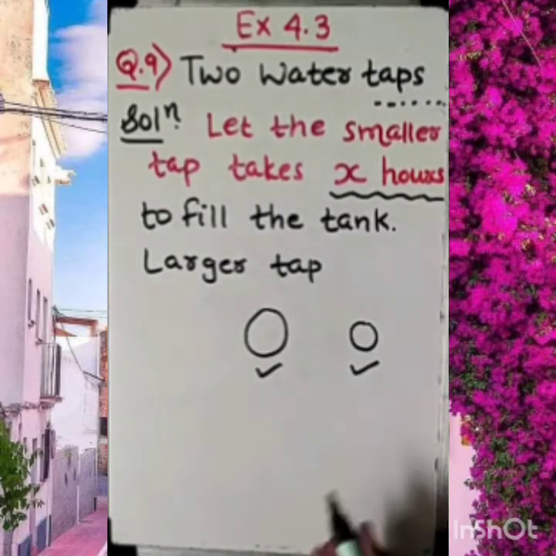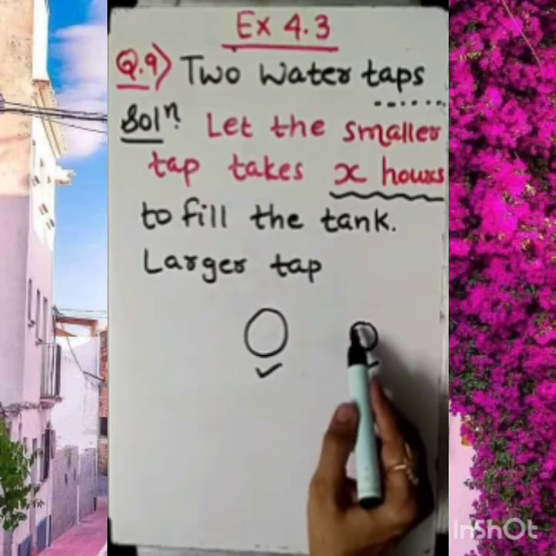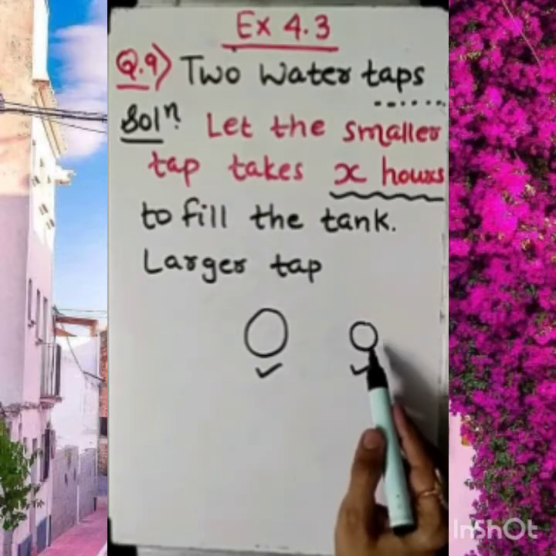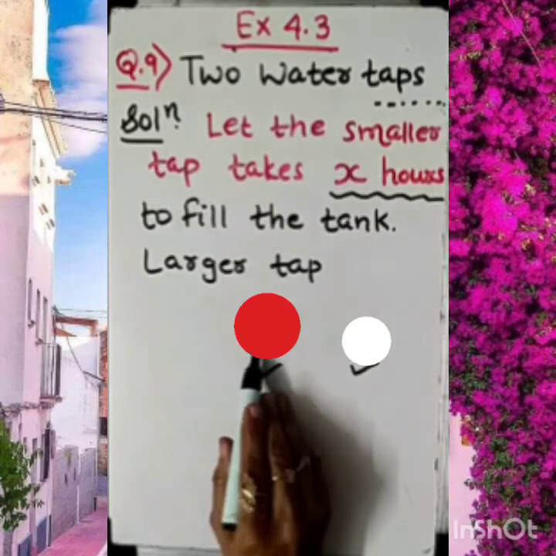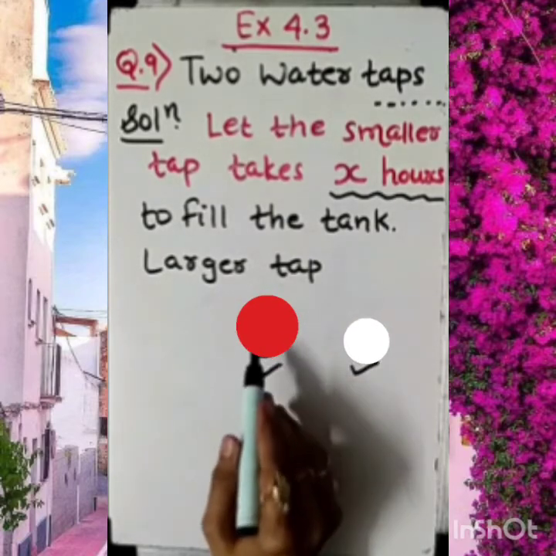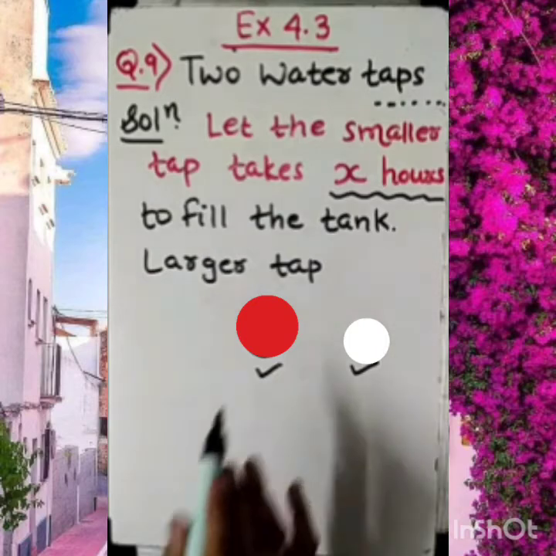So obviously the smaller tap will take much time and this will take less than that. Clear? This tap will take the time in filling the tank.